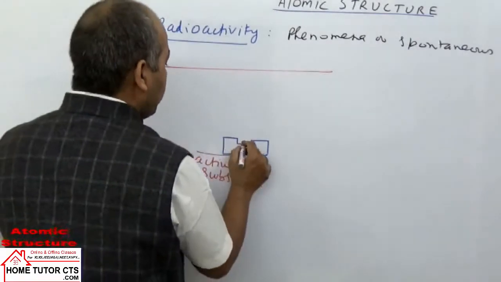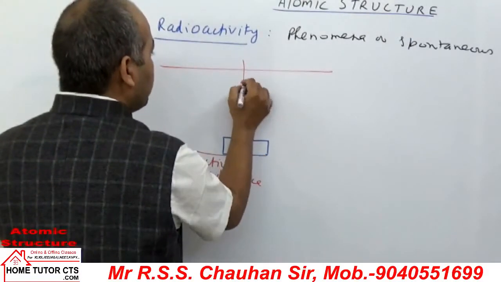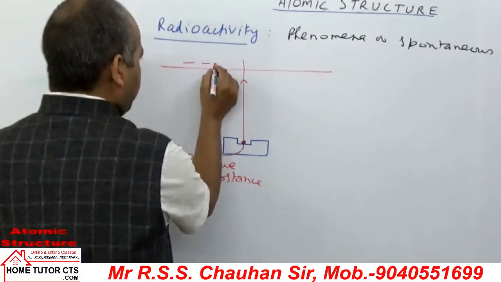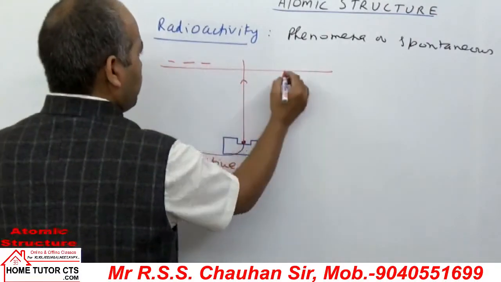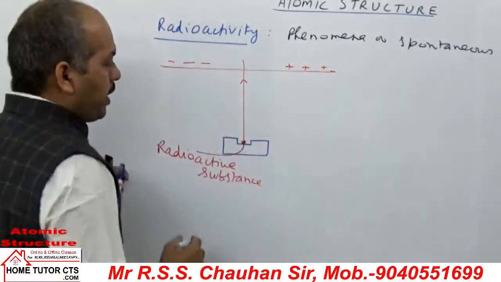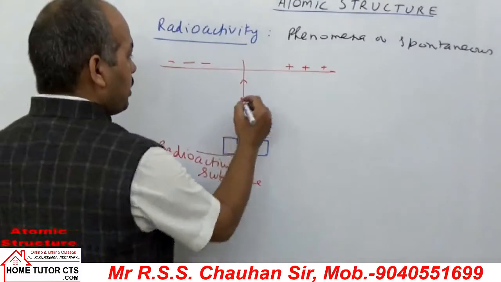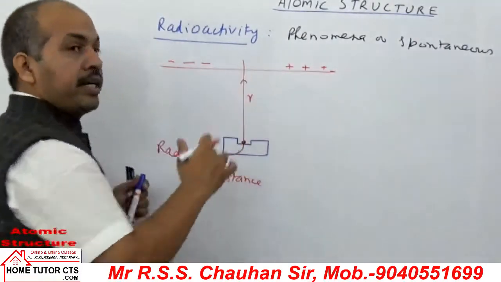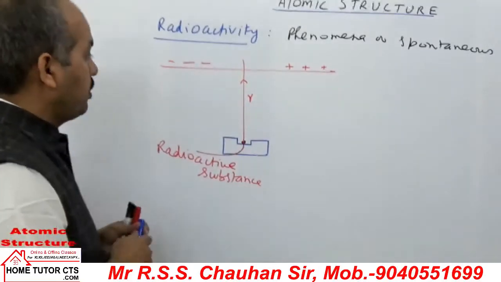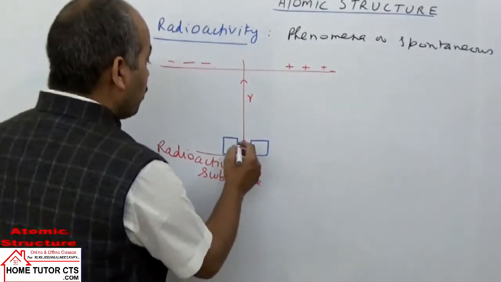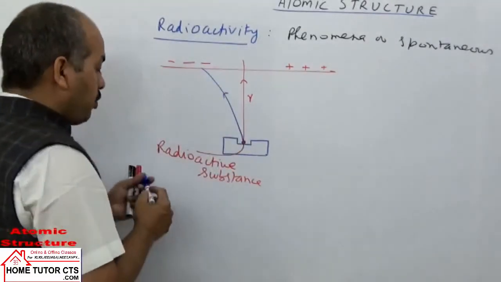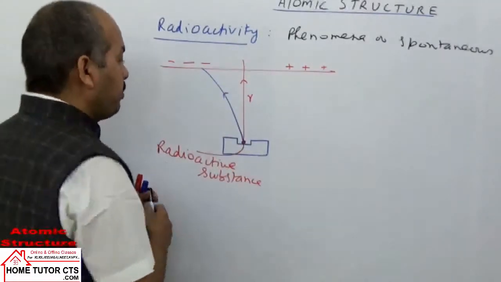Now if an electric field is applied, gamma radiations pass through the electric field without any deflection. On the other hand, alpha particles show deflection toward the negative plate, and beta particles show deflection toward the positive plate.